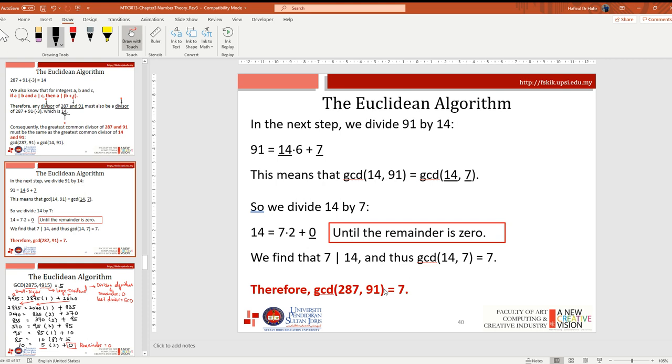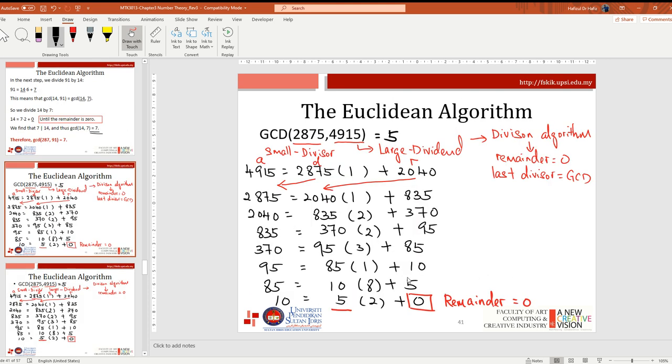So in the Euclidean algorithm, 14 multiplied by 6 plus 7, that means the GCD of 14 and 91 reduces to 14 and 7. So we divide 14 by 7 until the remainder is 0. We find that 7 can divide 14, and thus the GCD of 14 and 7 is equivalent to 7. Okay, this one is the Euclidean algorithm.